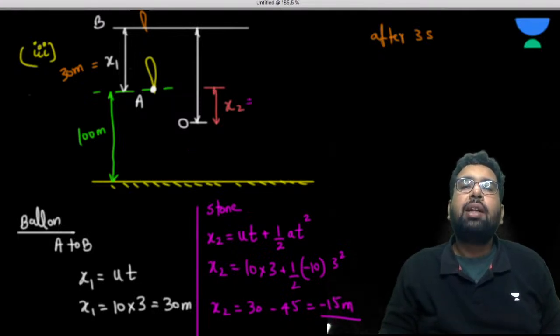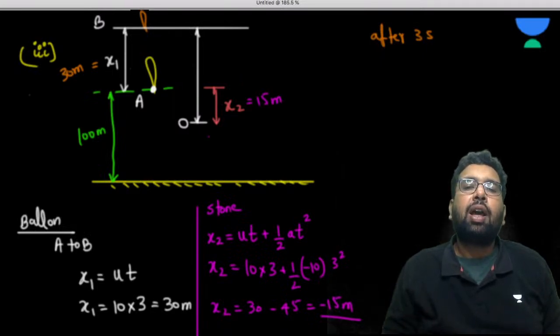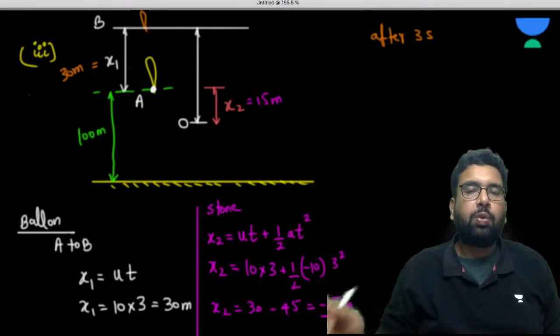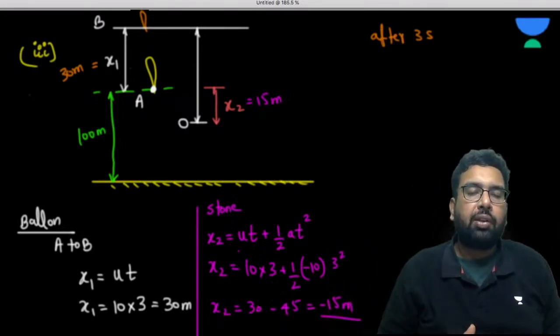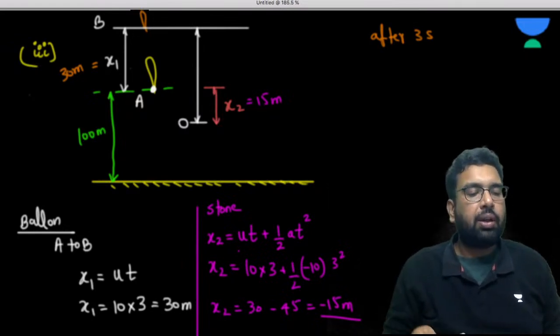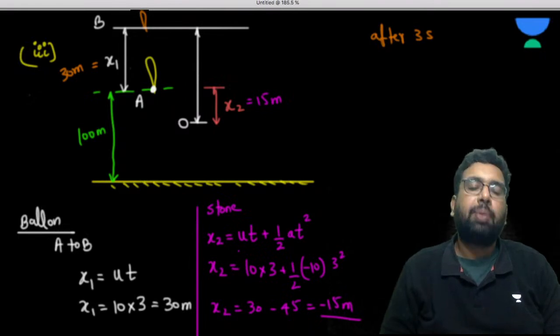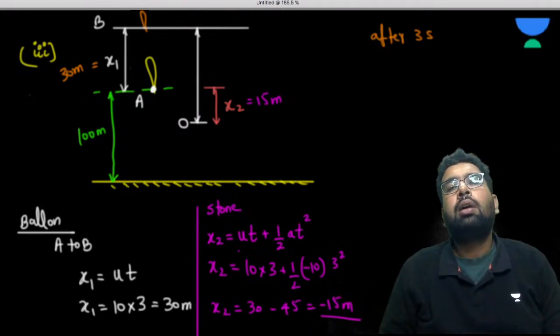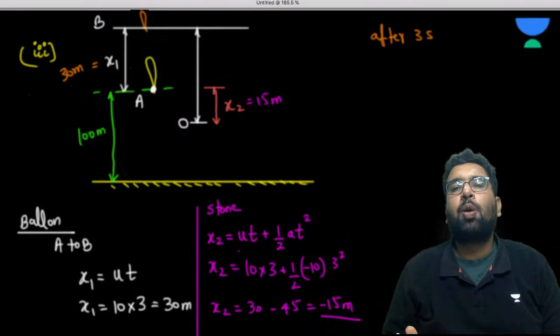How is our assumption correct? Because if the displacement is downward, it would have come out negative, and if it is upward, it would have come out positive.